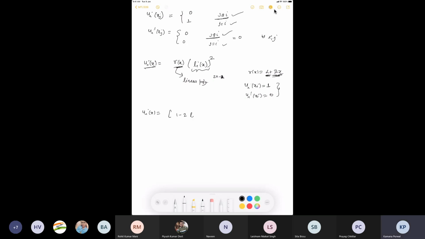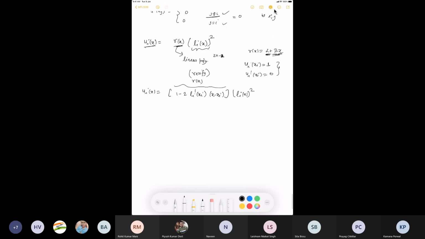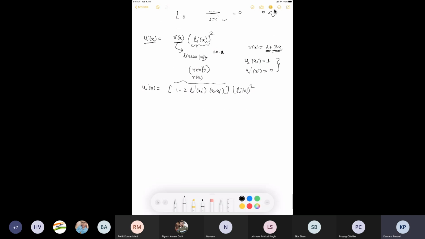1 minus 2 into Li prime (xi) into (x minus xi), multiplied by Li(x) squared. This is what you will get as R(x). So this you have to verify. Okay.